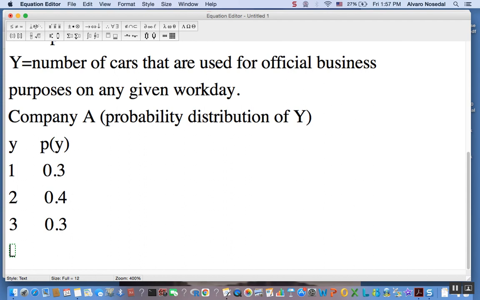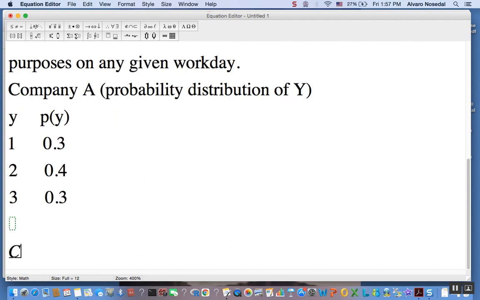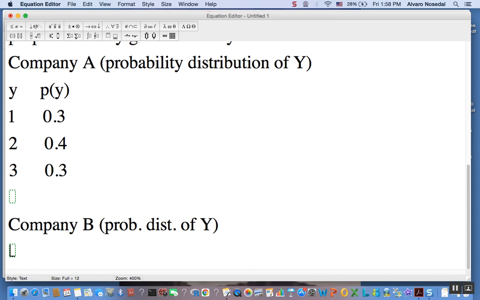Okay, now let me give you something similar, meaning a probability distribution for a second company, company B. So I'm going to give you again the probability distribution of that random variable y, but for a different company.